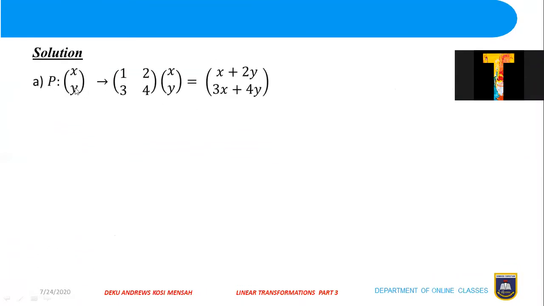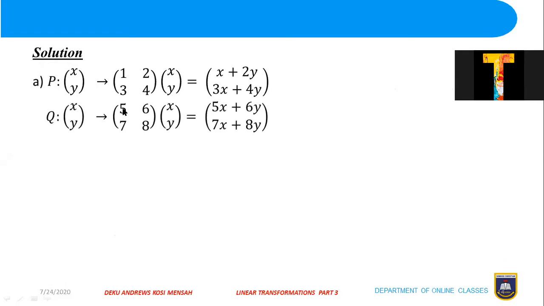So the transformation P in terms of xy gives us the matrix P multiplying xy, and that gives us x plus 2y. That's 1 times x gives x, plus 2 times y gives 2y. 3 times x gives 3x, plus 4 times y gives 4y.